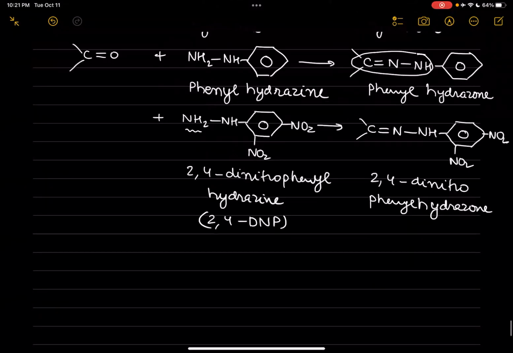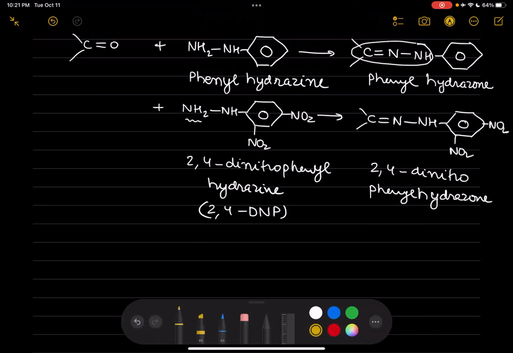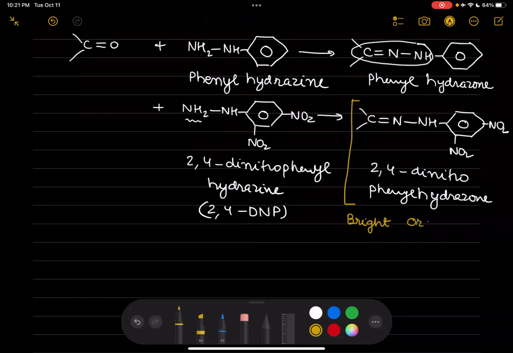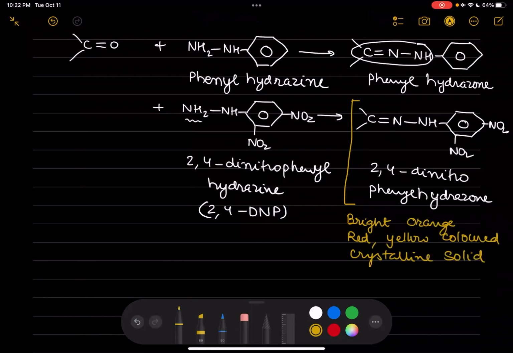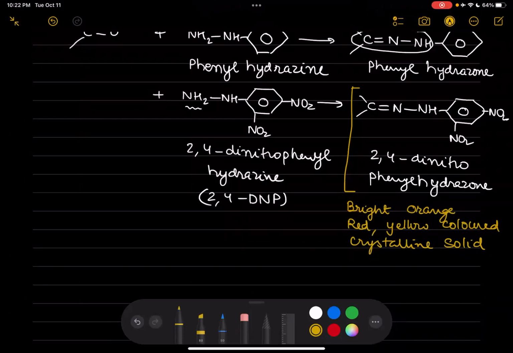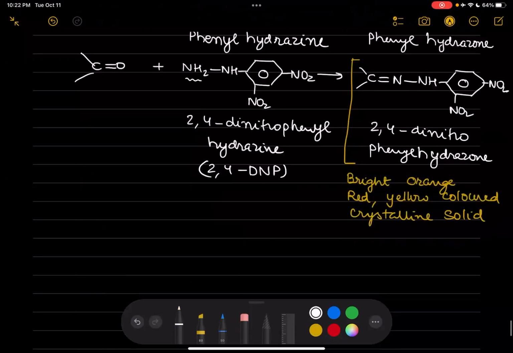These are bright colored crystalline solids, so this is used to identify aldehydes and ketones.